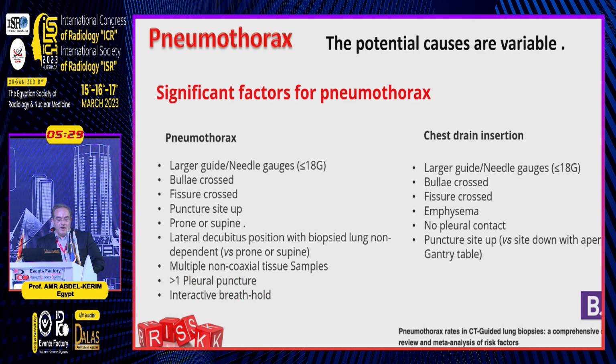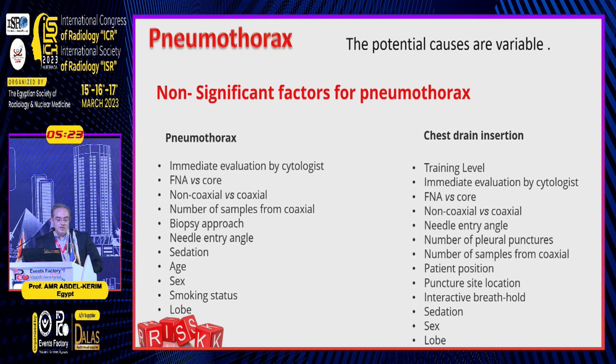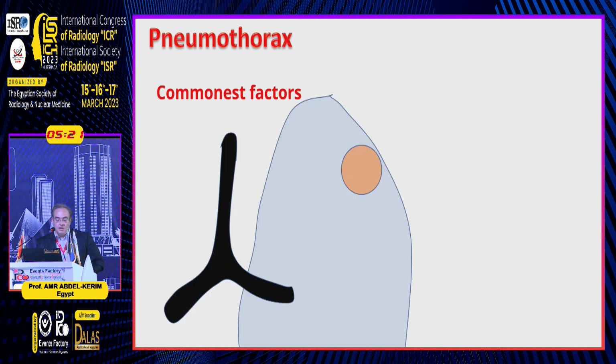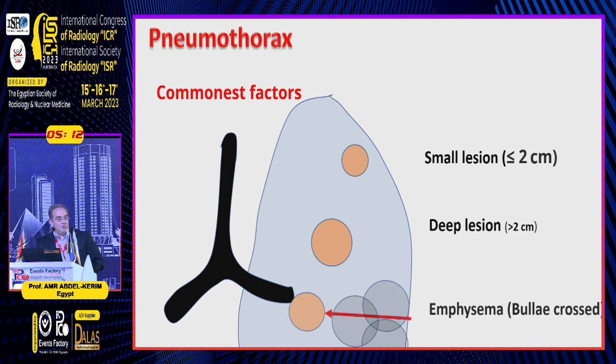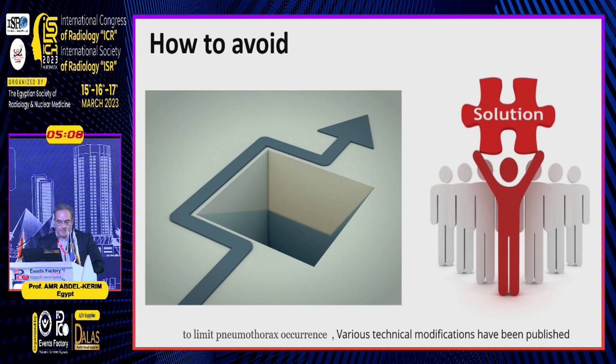The potential causes are variable, with long lists of published causes across the literature, between significant and non-significant factors. Still, the commonest causes are biopsy of small lesions less than 2 centimeters, biopsy of deep lesions at 2 centimeters from the surface, biopsy through an emphysematous lung, or when we cross a bulla.